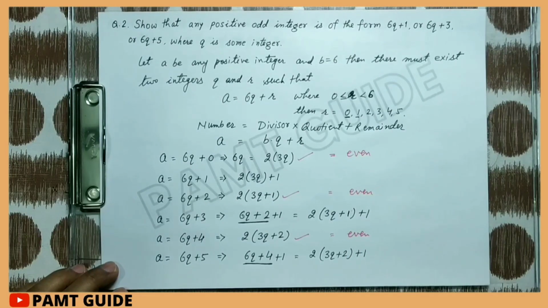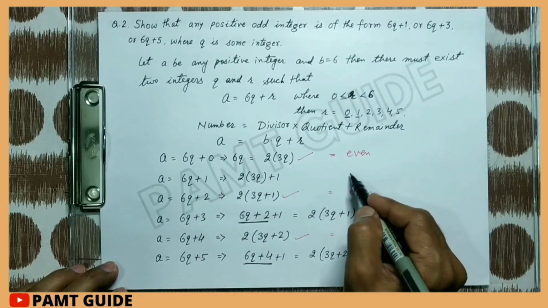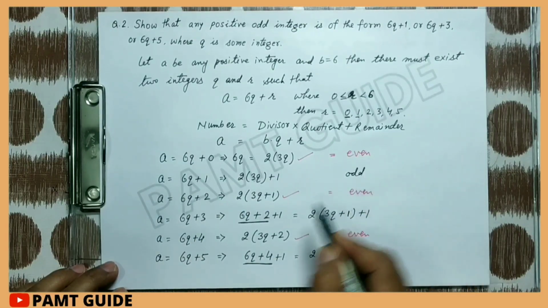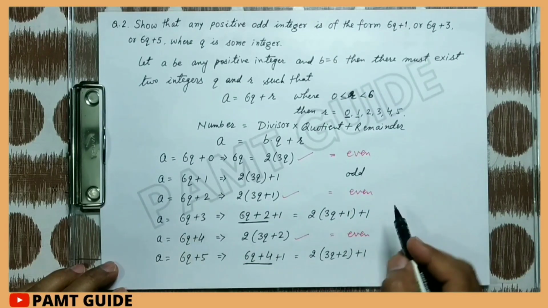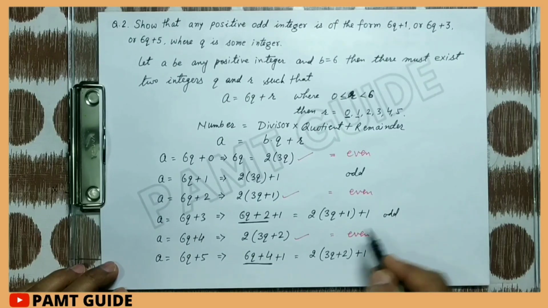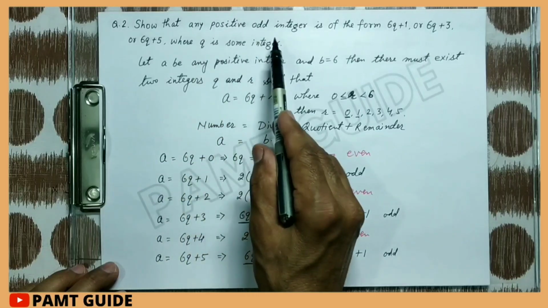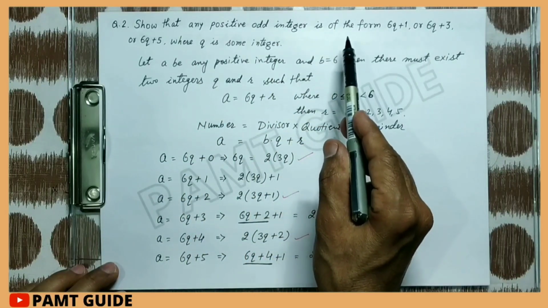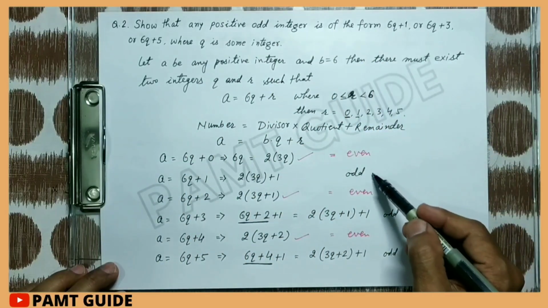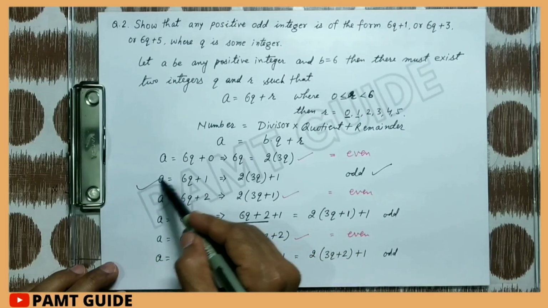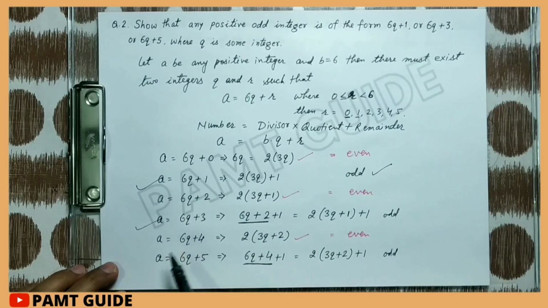So the remaining ones, which are 6q plus 1, 6q plus 3 and 6q plus 5, are odd positive integers. So we have proved that any positive odd integer is of the form 6q plus 1, or 6q plus 3, or 6q plus 5, where q is some integer.